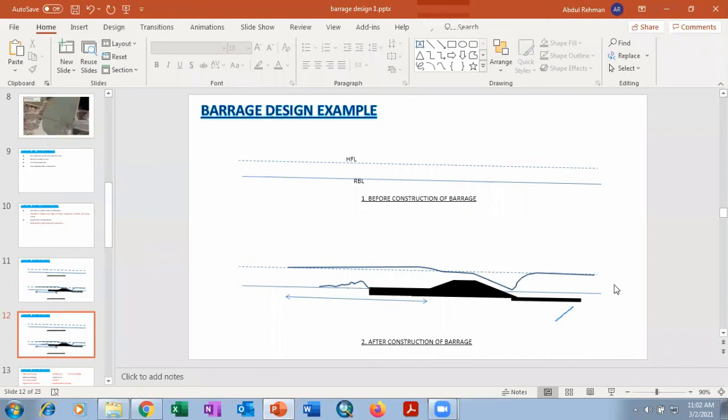So the lesser concentration of silt in the water will make the water carry silt from the downstream side, and it will cause erosion on the downstream side.